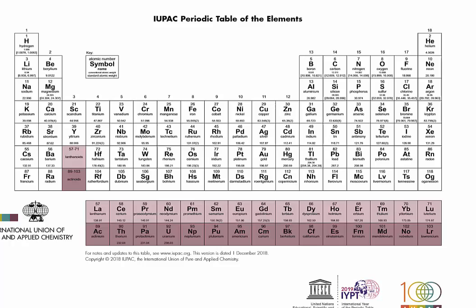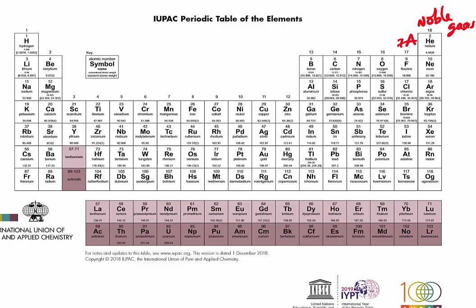Let us begin with group 7A. The elements in group 7A need just one more electron to be like the noble gases.